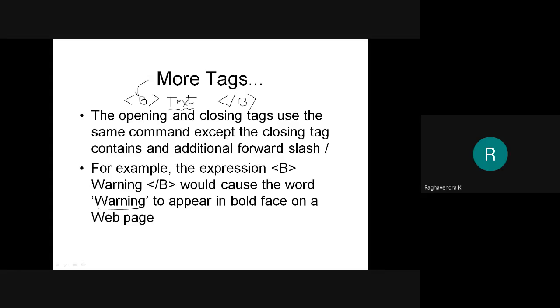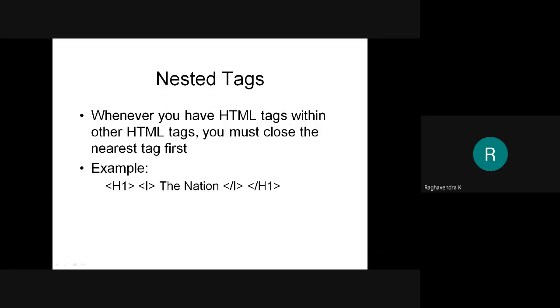This is one of the few tags that we are going to look into. There can also be nested tags, meaning you can have one tag within another. For example, here h1, header 1, is a tag that displays the header information at some font size. The header here is the nation, and I also want it displayed in italics.